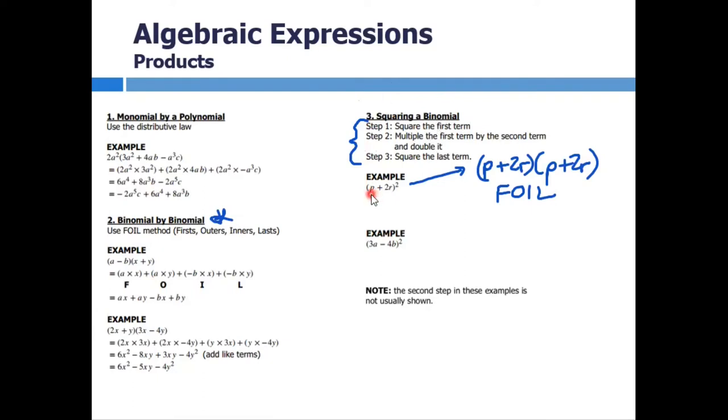So if we have a look here, squaring the first term would give us P squared. Multiplying these guys by each other, so P times 2R, and then doubling it would give you your next term, and then squaring the whole of the last term. So you land up with 3 terms when you square that binomial.